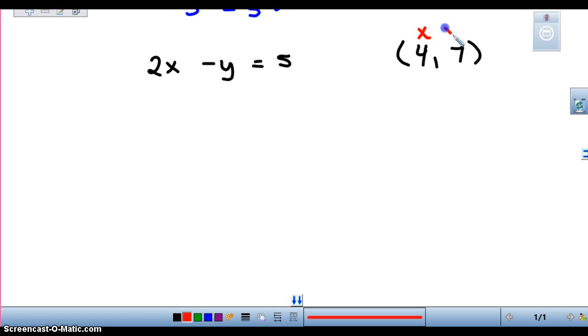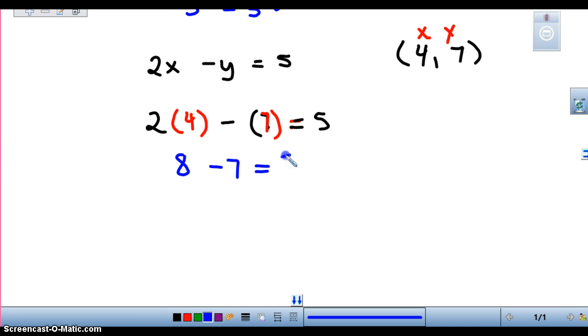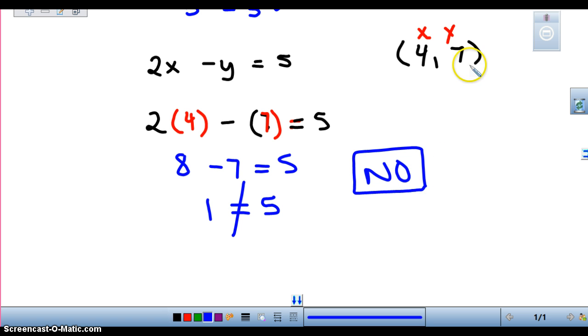Substitute for x and y. Is this true? No, 1 is not equal to 5. Then no, 4, 7 is not a solution to 2x minus y equals 5.